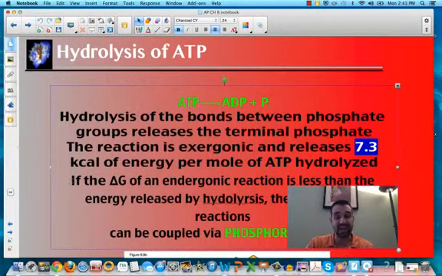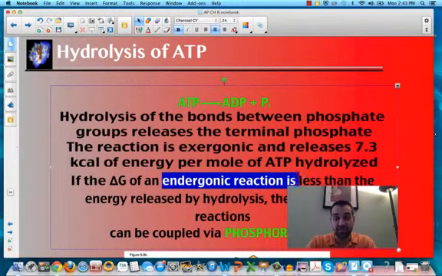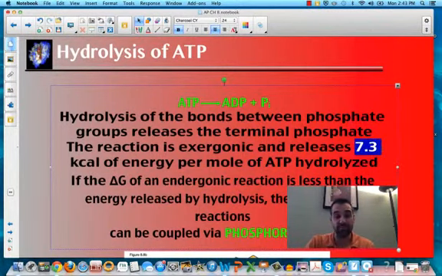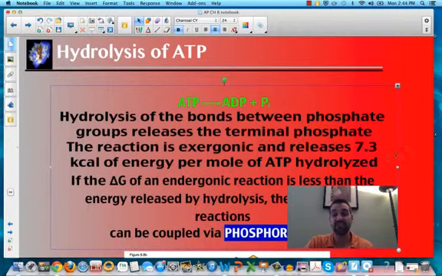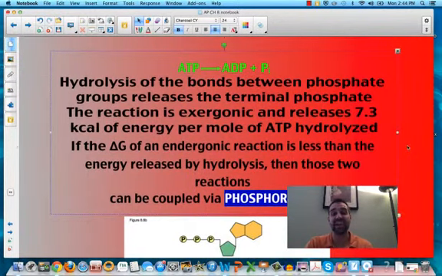So what this sentence is saying, oh, and I don't know how to spell, oh, that's really weird, hydrolysis: if the delta G of an endergonic reaction, in other words, the energy input reaction, is less than the 7.3 kcals that are available in ATP, then these two reactions can be coupled via what is known as phosphorylation, or the adding of an inorganic phosphate group.